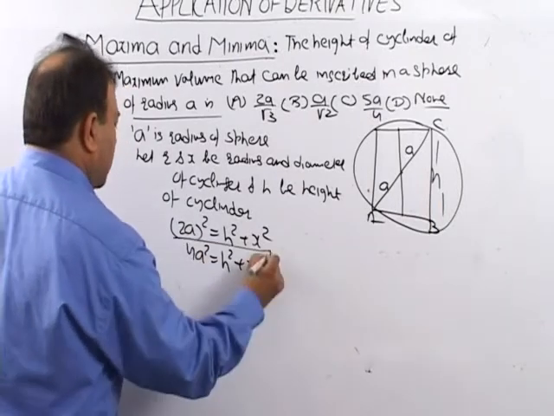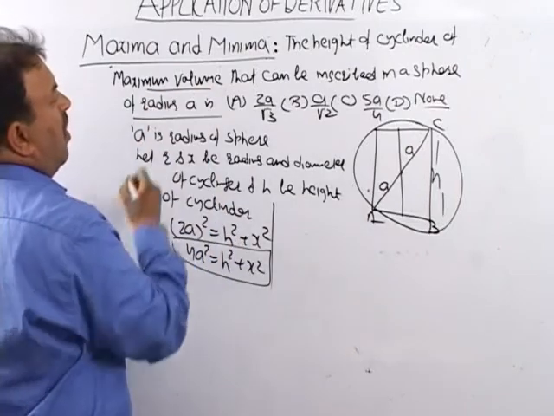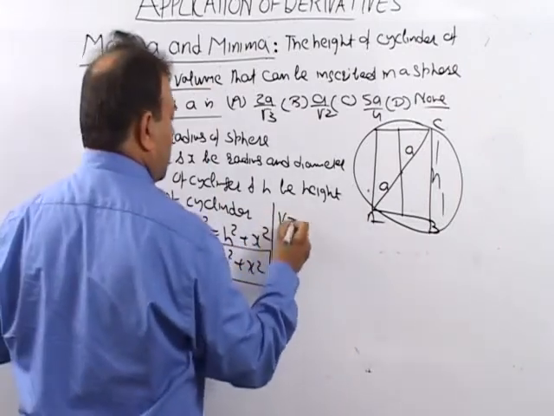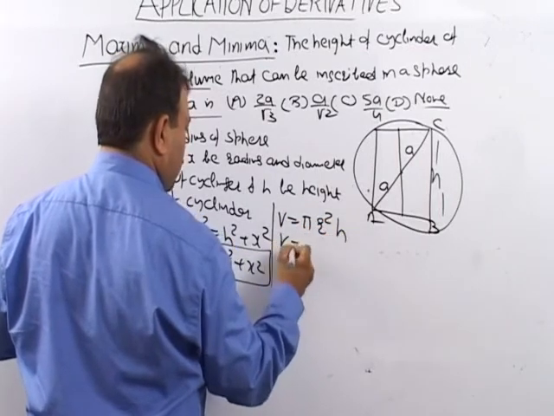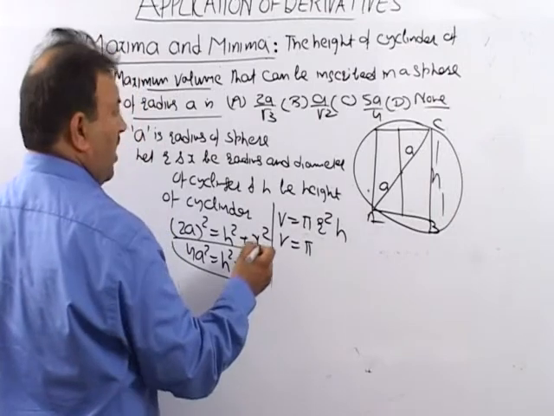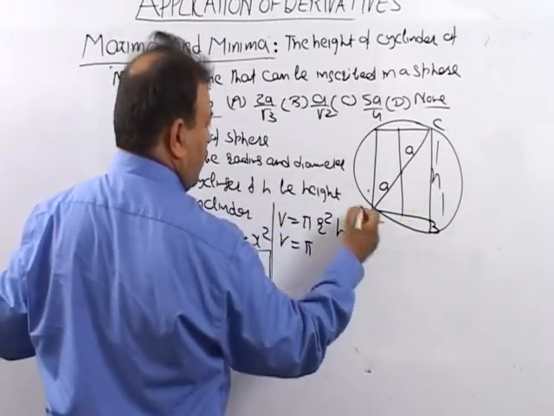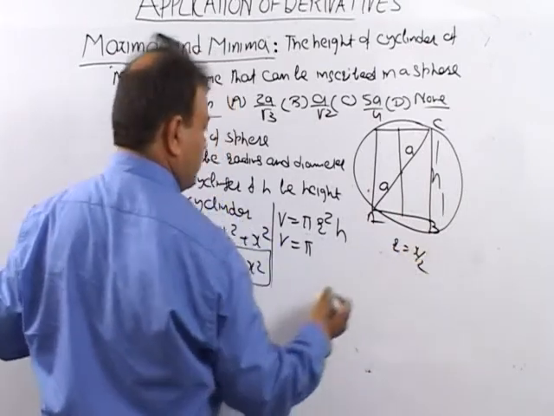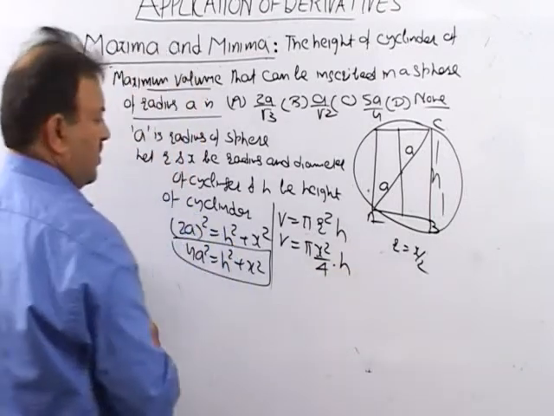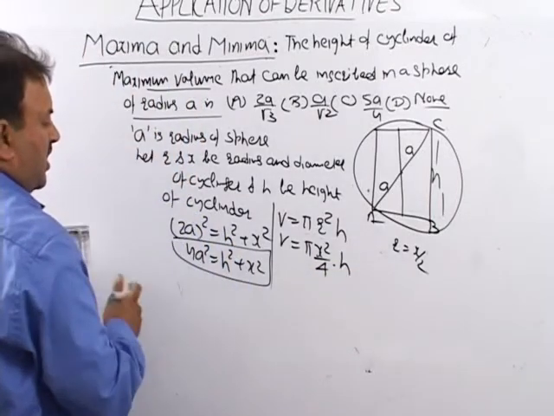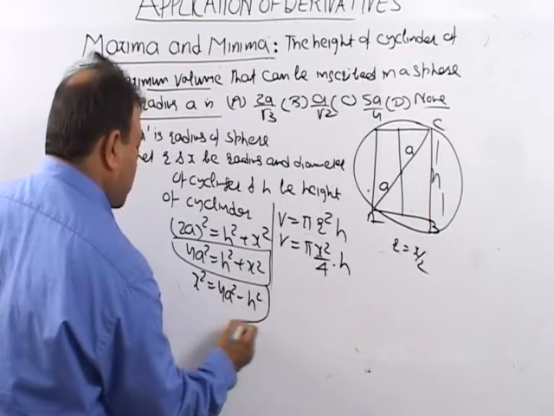And now this is a relation. Now what we have to do is maximize the volume of the cylinder. So the volume of the cylinder is pi r square h. R is equal to x by 2, so r square is x square by 4, times h. Here x square is equal to 4a square minus h square.